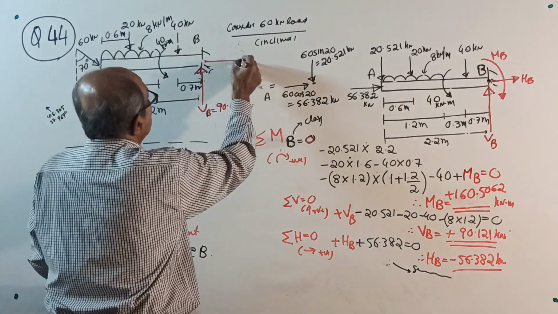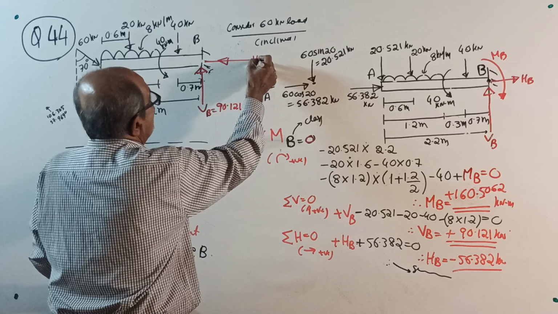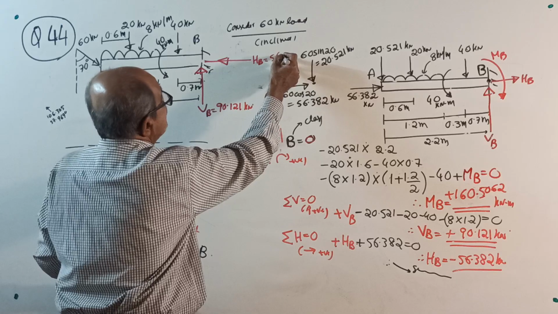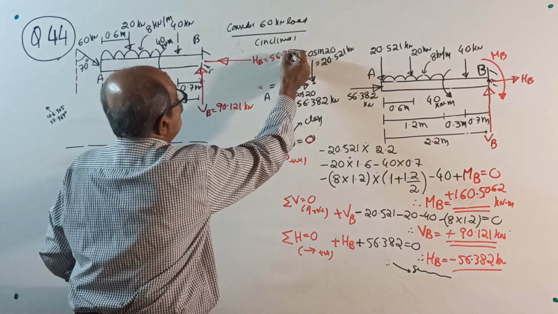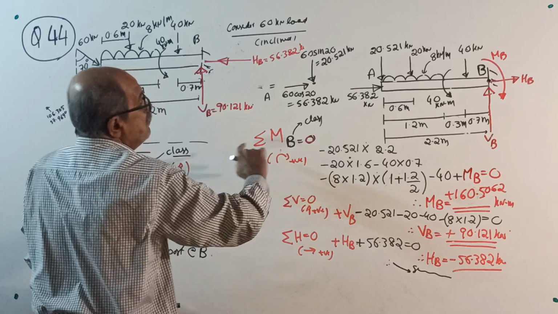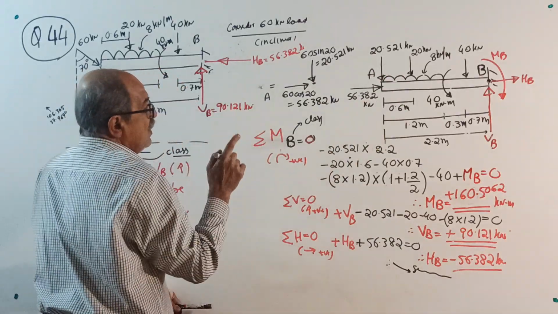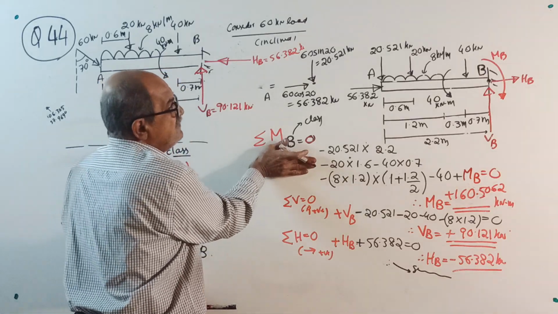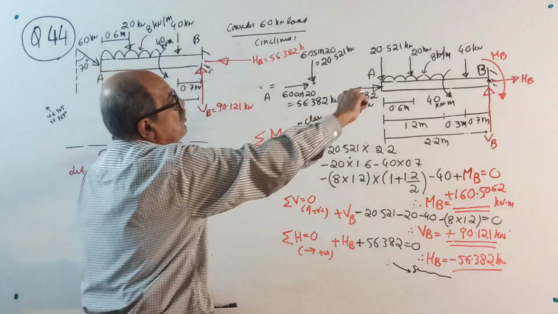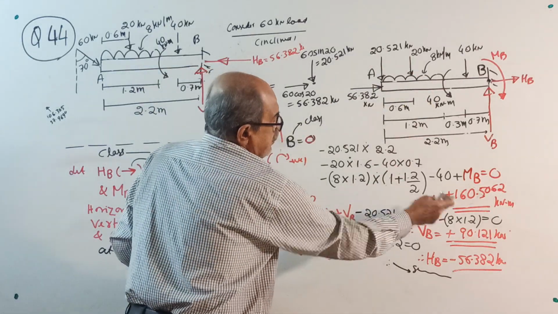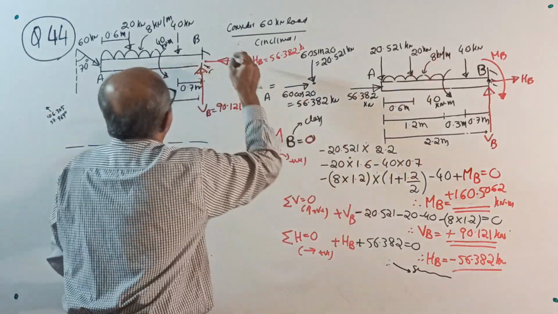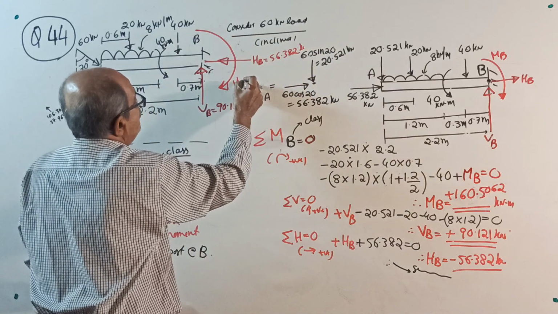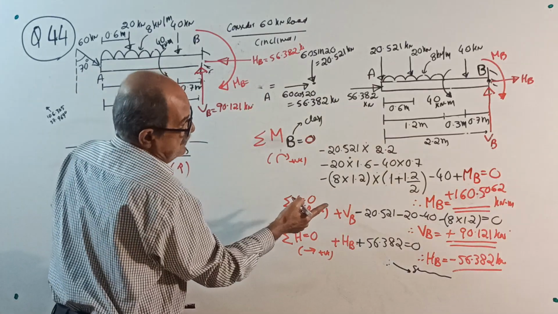Negative came, so it is left side, 56.382 kilonewton. And MB, you considered clockwise. You never bother about the sigma M sign. I told this sign convention has nothing to do. What you considered clockwise, answer came positive, means the assumed direction is correct. So your MB will be like this. Anywhere you can write MB equal to, how much is it?